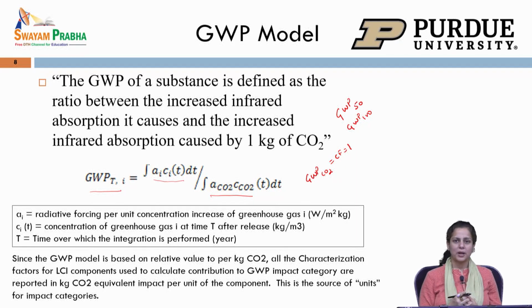So whichever impact assessment method you are using, when you see the unit reported for that impact category, you know that that is the reference chemical which has been used to develop the characterization model for that particular impact category. And that is why the characterization factors are based on actual science of how the chemicals behave. However, it's not really risk, because we are just calculating it at a time stamp and then we are using it as a factor.